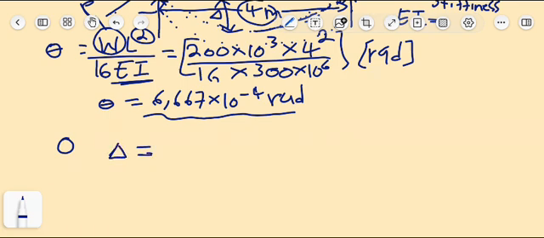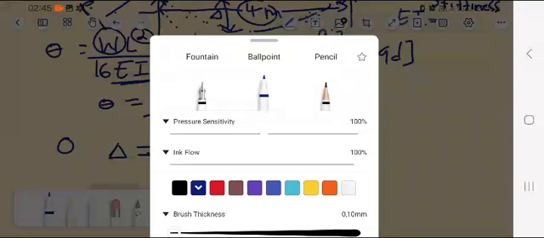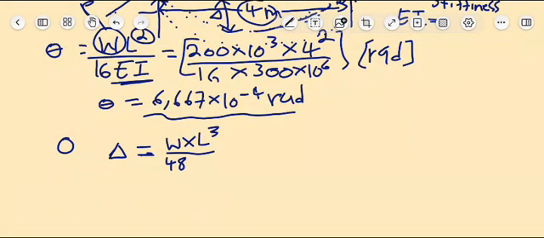The deflection will be the weight multiplied by the length cubed, divided by 48, multiplied by E, the modulus of elasticity, and I.